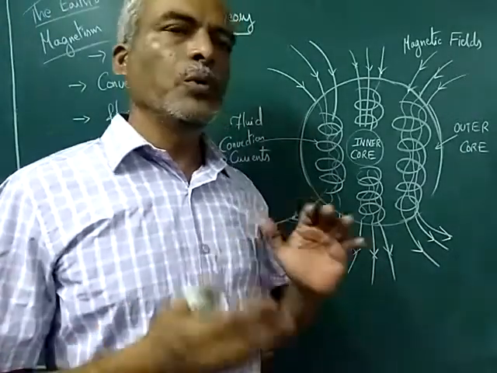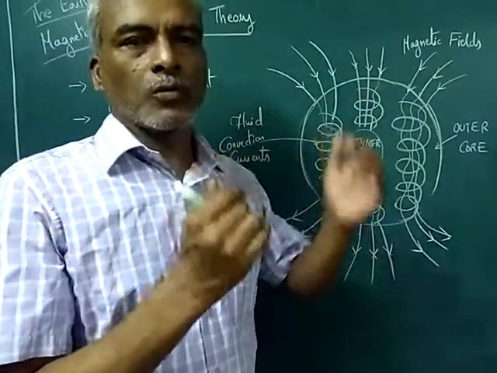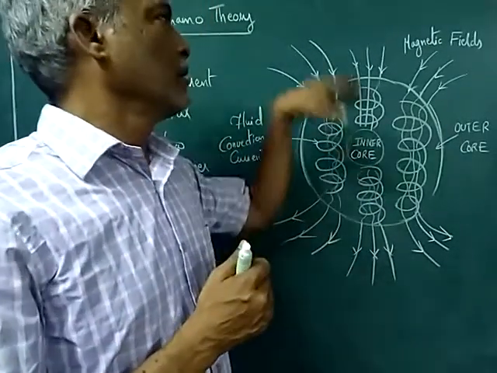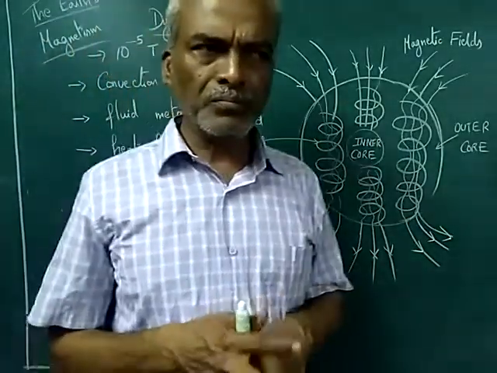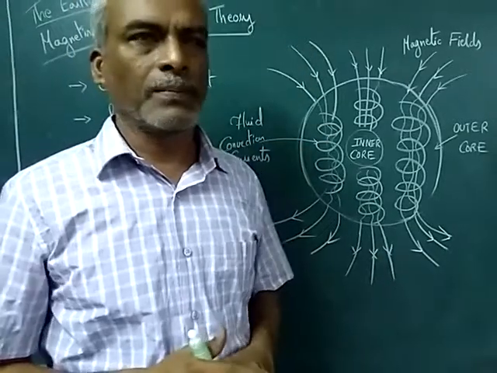You can view the Earth as a magnet having a North Pole and a South Pole, and we have magnetic lines of force, and it's a closed path.